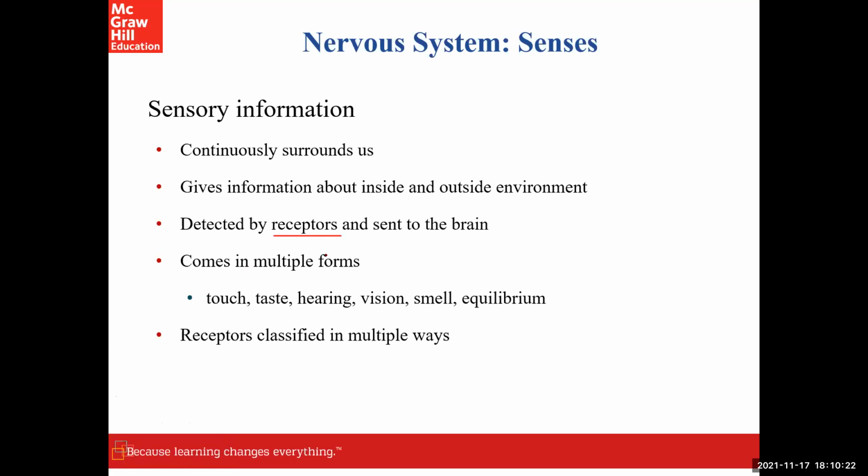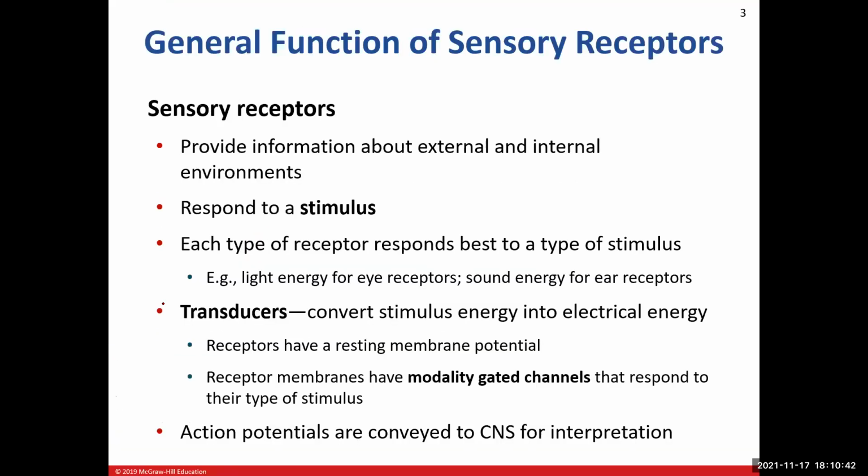So this chapter is going to focus on some of those different sensory stimuli. We're going to talk about touch, taste, hearing, sight, smell, and then equilibrium, sometimes referred to as balance. And then we're going to talk about how we classify some of the ways that we collect this information or data. So let's review.